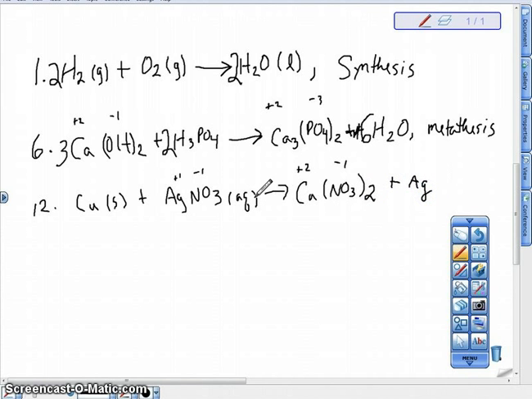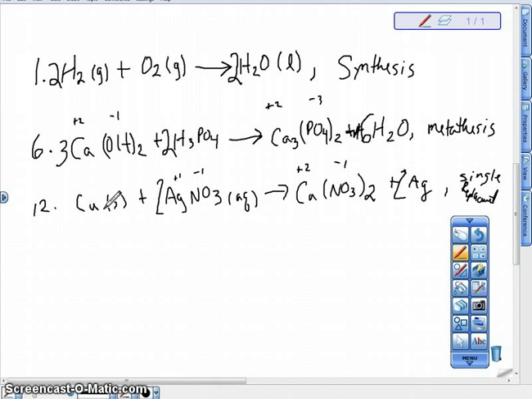That's single replacement. So if we want to go ahead and tag that, we can do so. And we can go ahead and balance as well. 2 nitrates on this side requires 2 nitrates on that side, which will then require me to add 2 silvers to this side. And so away we go.